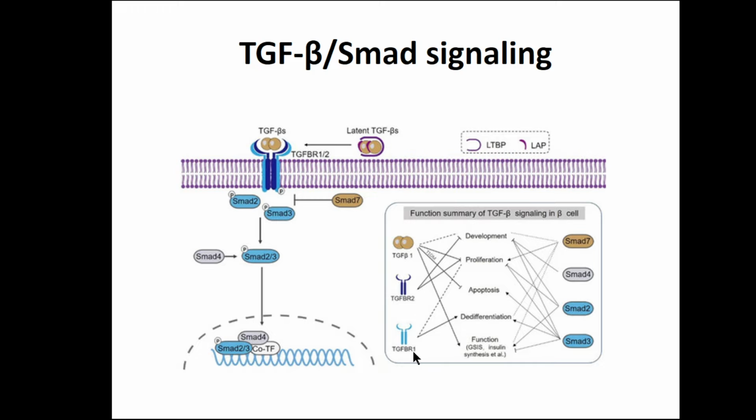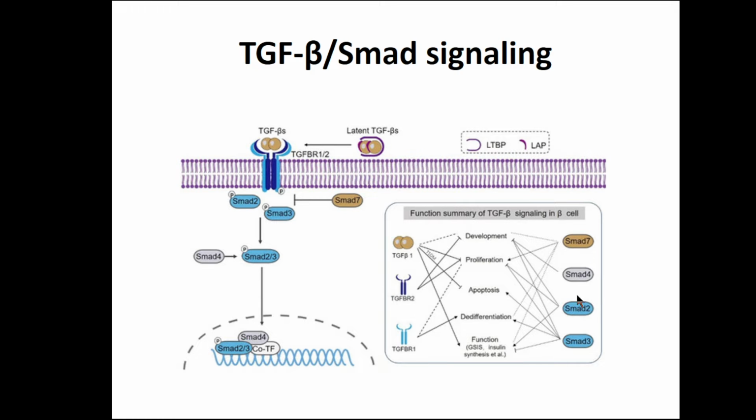And receptor first type can induce differentiation, and maybe scientific research will show in the future that it can regulate proliferation. So if this receptor works, it has this effect; if it does not work, this effect will not work either. And on the right side you can see Smad7, Smad4, Smad2, Smad3.